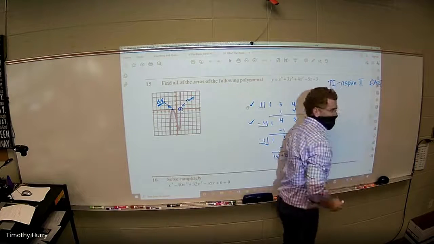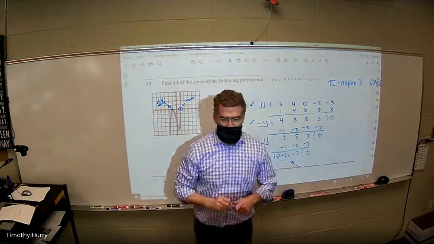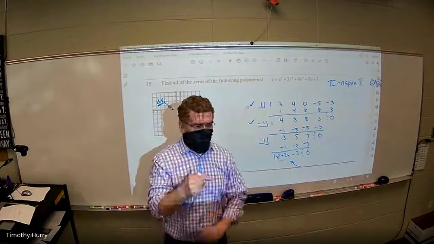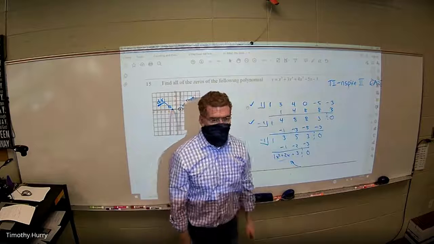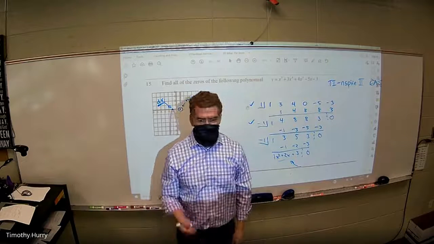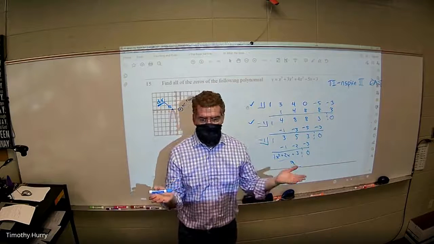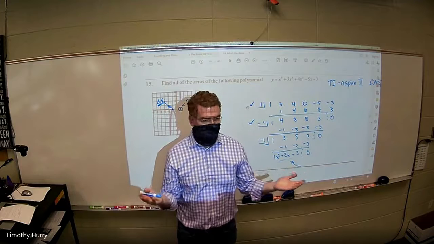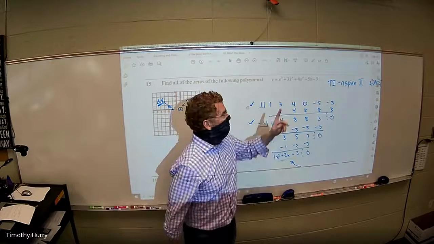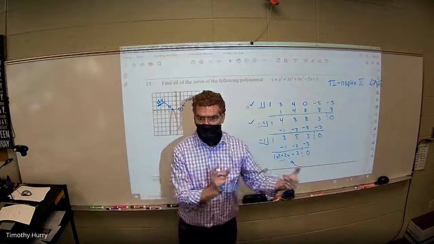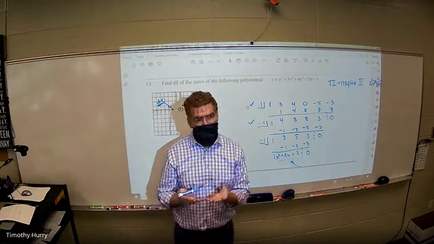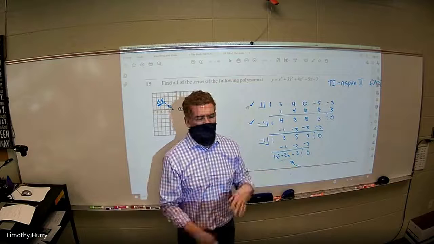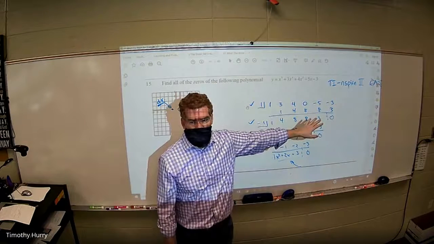The CAS is a computer algebra system. It means I can type this in, set it equal to 0, say solve, and it will give me all the answers. I can say factor, and it will factor it for me. I liken our calculator to being an extension of your brain. The CAS is just your brain. It gives you way too much.